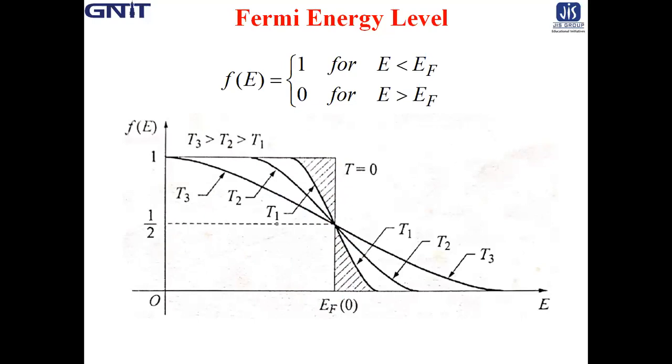In general, the Fermi energy level may be defined as the energy level whose occupation probability is half. At T equal to 0 K, the Fermi distribution function is a step function: f(E) equal to 1 for E less than Ef and f(E) equal to 0 for E greater than Ef.